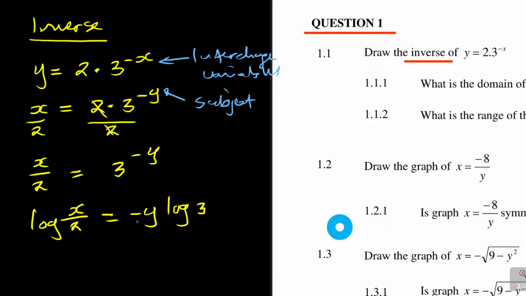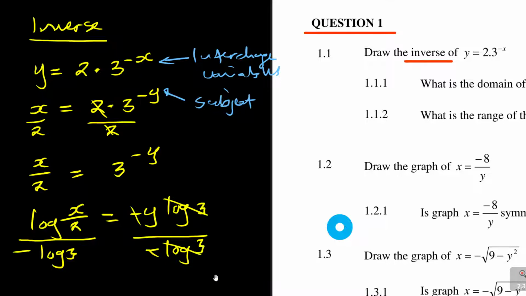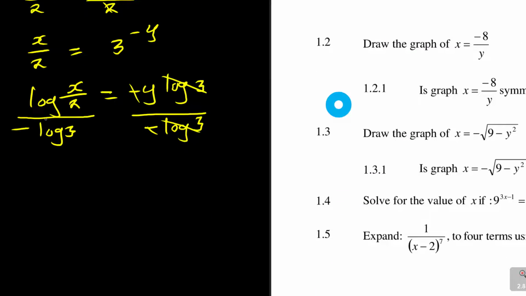And then what do we need? We need to make y the subject. So you divide by log 3, not only log 3, but by negative log 3, so that goes. And then that goes. So what you do on the left, let's do it also on the right. We divide by negative log 3, and then our final answer is that.